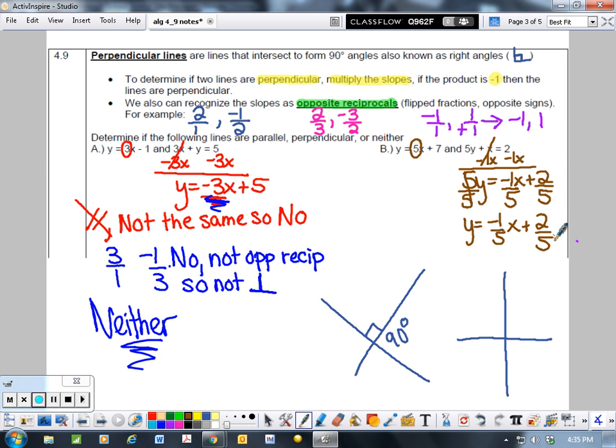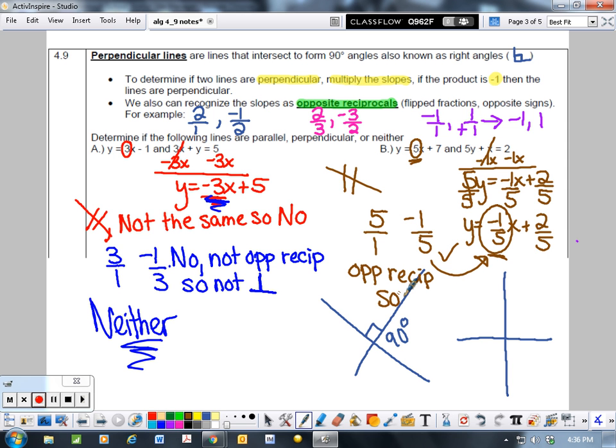And now I have to compare this slope to this. They're not the same, so they're not parallel. Got to check perpendicular. So I take the first one, 5 over 1. If I flip it and change the sign, does this match my second slope? And yes, it does. They're opposite reciprocals, so they are perpendicular.